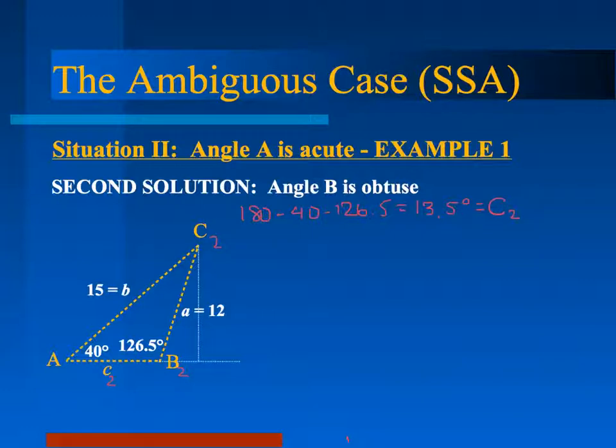And I forgot to do this on my first triangle. I didn't find the length of the side for little c, but we'll do that here. We'll take little a over the sine of A equals little c2 over the sine of big C, and go solve by cross multiplying.